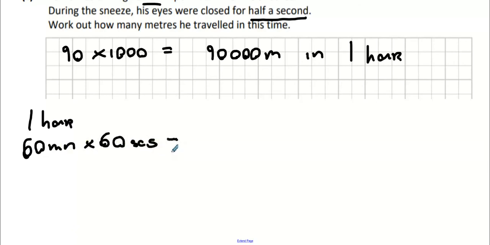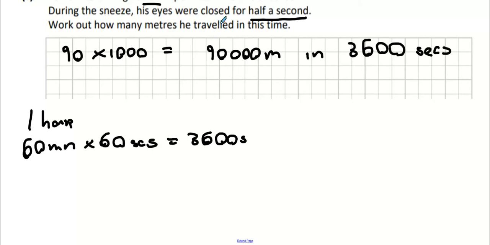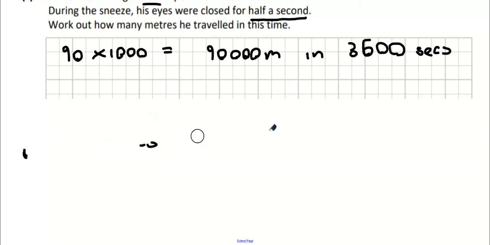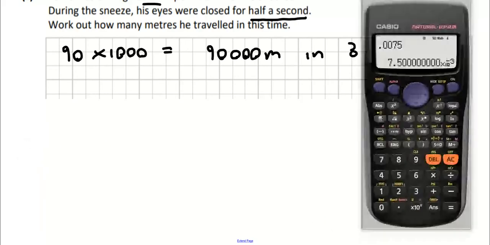So 60 by 60 is 3,600 seconds. So essentially you did 90,000 meters in 3,600 seconds. Okay, divide both sides by 3,600. So you're going to divide your 90,000 by 3,600.